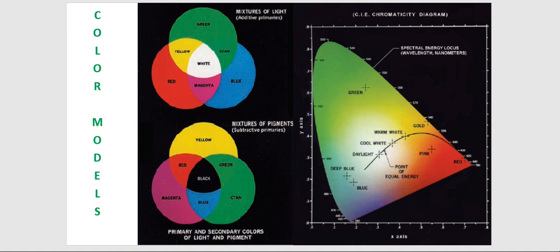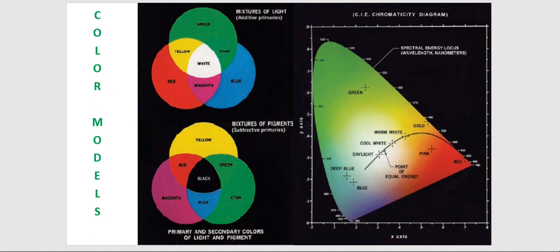So if you look at the presentation, you can see that a combination of red and green gives you the color yellow, the combination of red and blue gives you the color magenta, and the combination of green and blue gives you the color cyan. The concept of color came from a very early experiment by Sir Isaac Newton, where sunlight, a white light, was dispersed into its fundamental components.